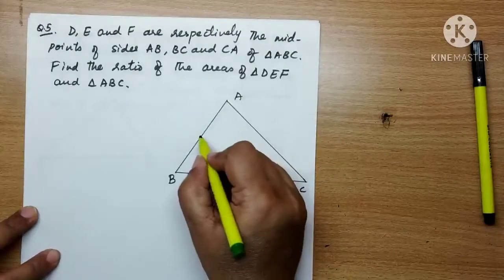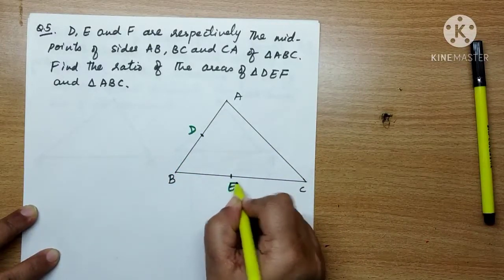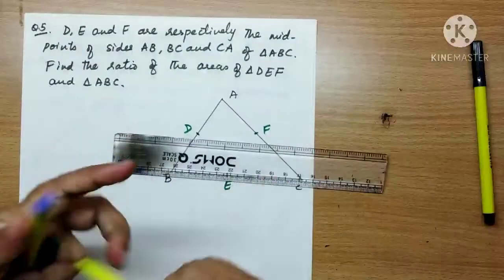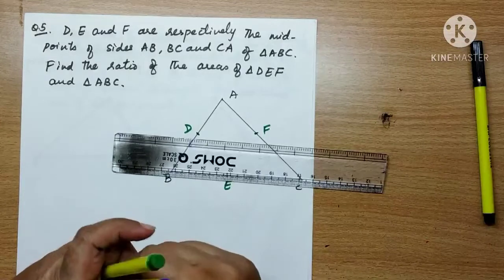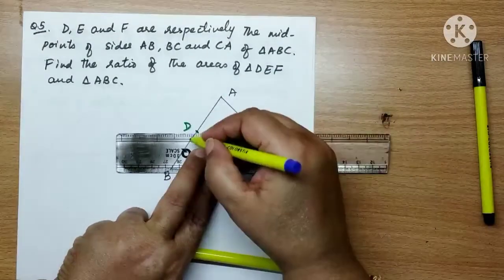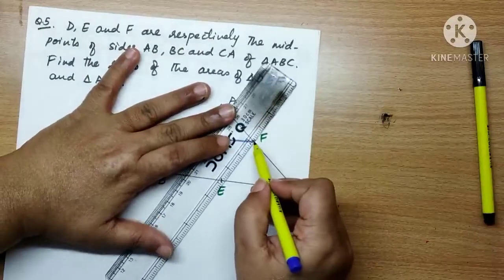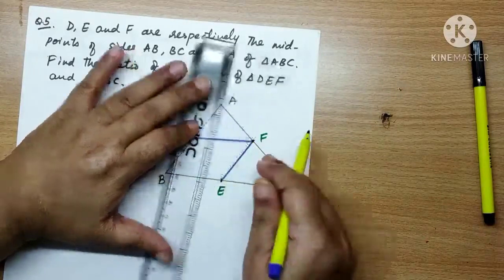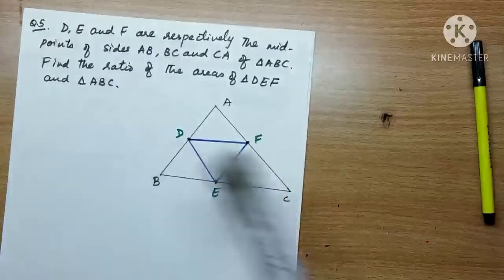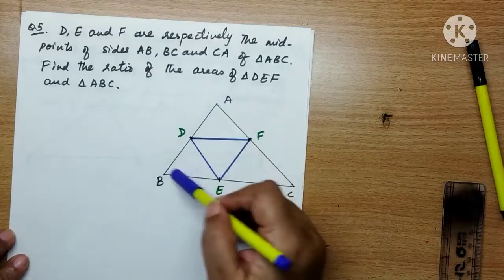AB's midpoint is D, BC's midpoint is E, and this is the midpoint F. Let us form a triangle, which we get by joining the midpoints. So we need to find the ratio of the areas of triangle DEF and ABC.